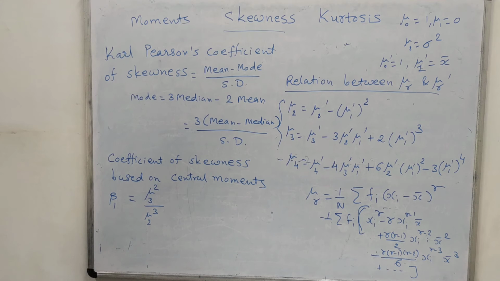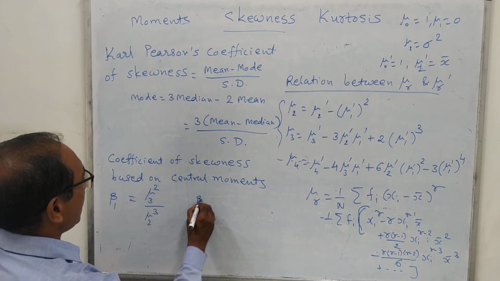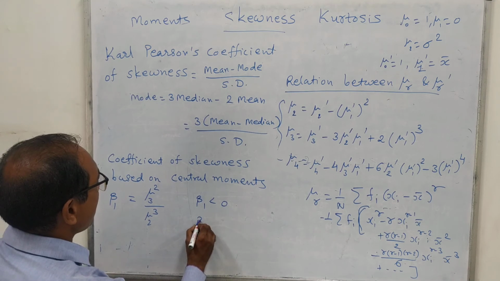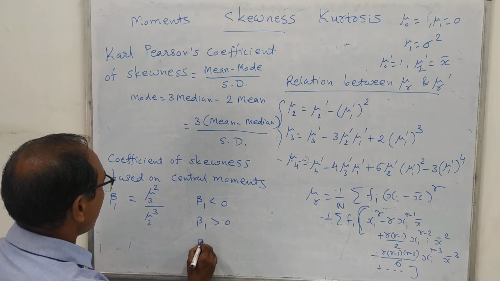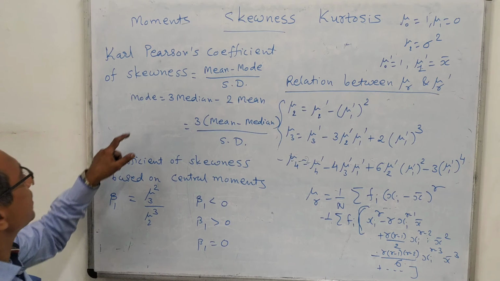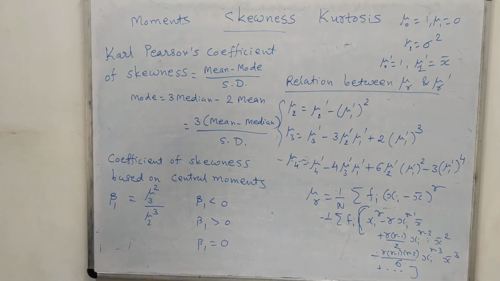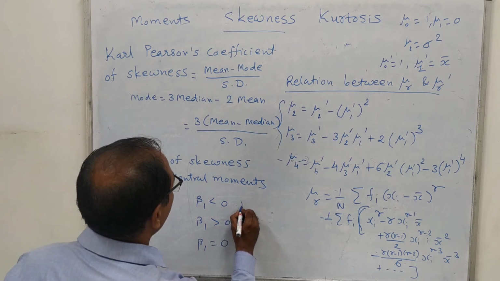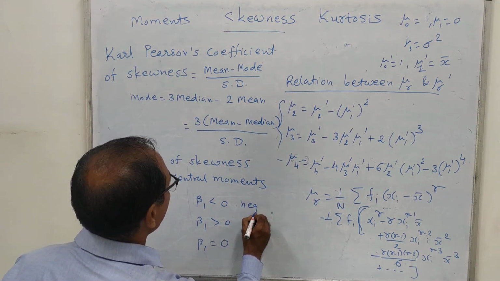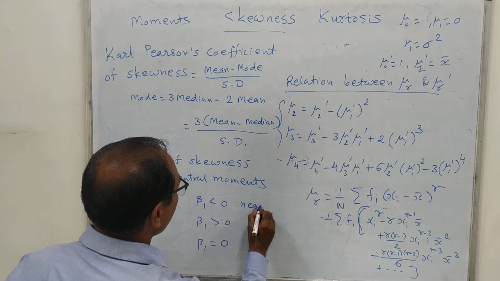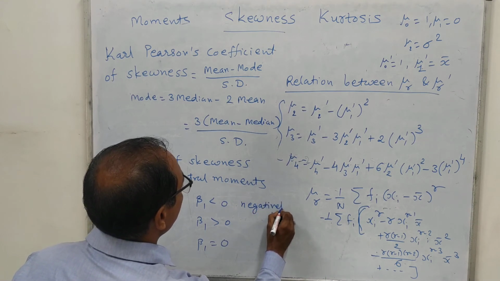So here we can see beta 1 may be less than 0, greater than 0, or equal to 0, that means skewness is measured based on its negative or positive sign. If it is less than 0, then the graph is negatively skewed.